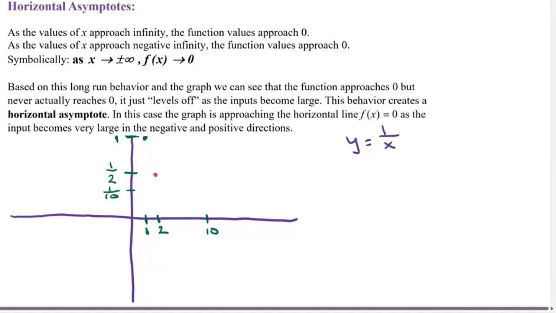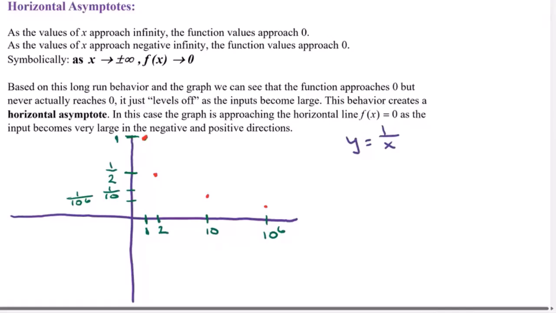I have a point here, I have a point here, and let's make this in red as well. When x equals 1 million, y is going to equal 1 over 1 million. So we have this point.